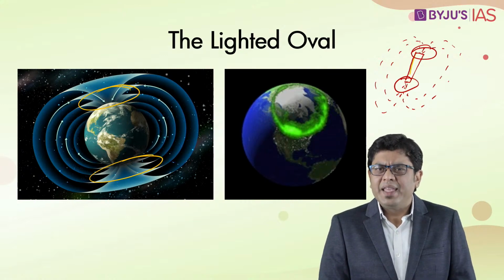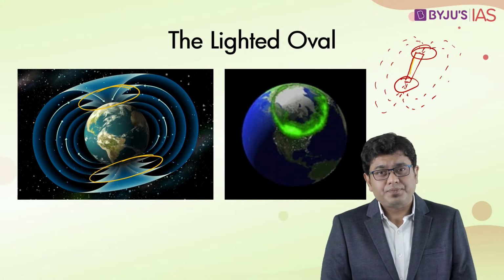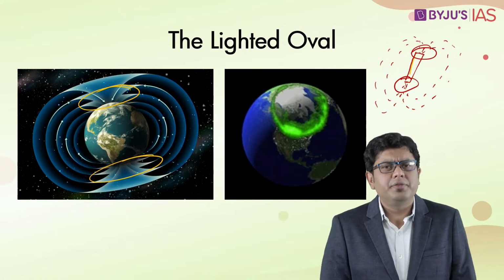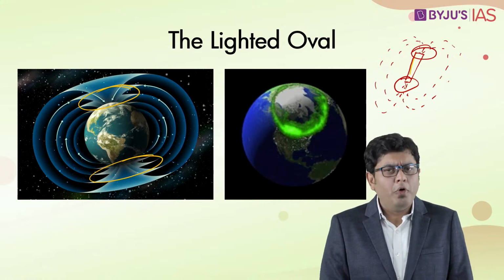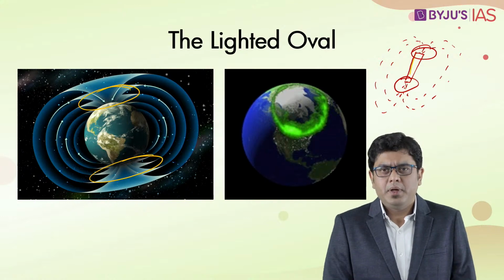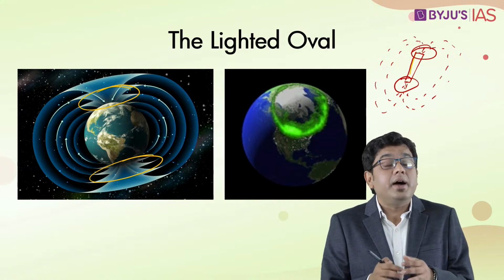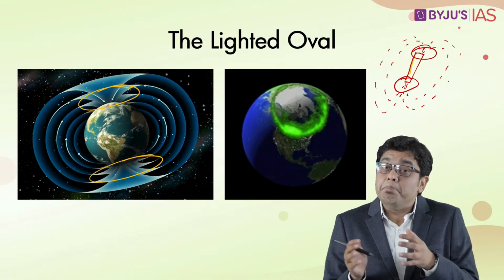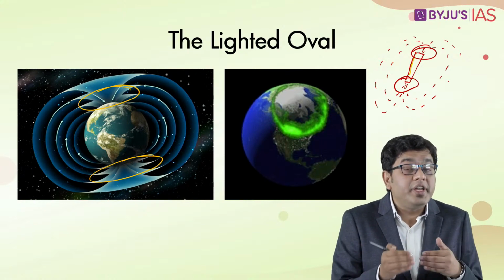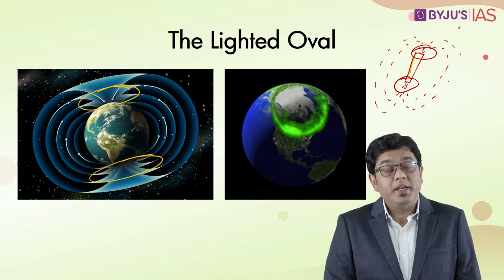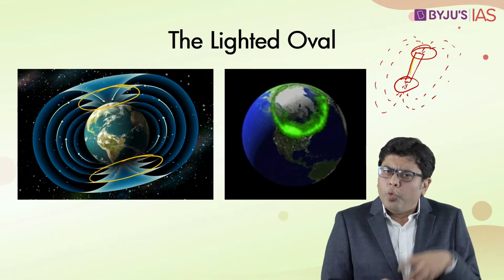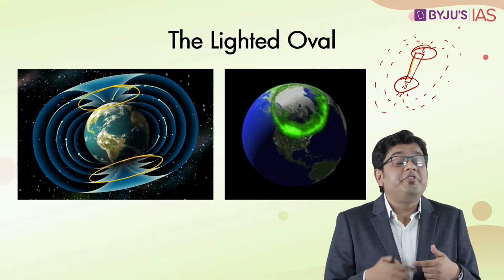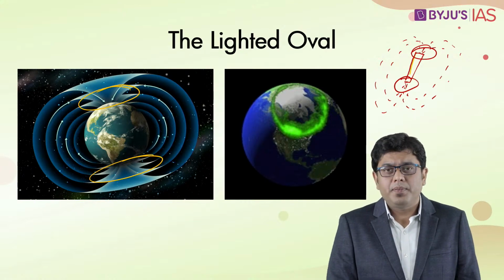For example, just last year, it was observed that the magnetic north pole has shifted. Earlier, it was present around the region of Alaska, and it carried out a major shift towards a region of Siberia in Russia. So why is it that the magnetic field lines keep on changing?